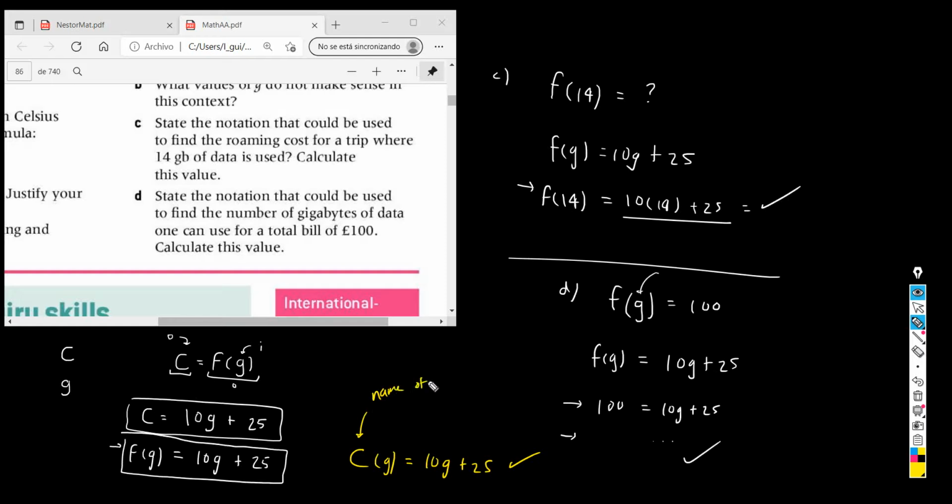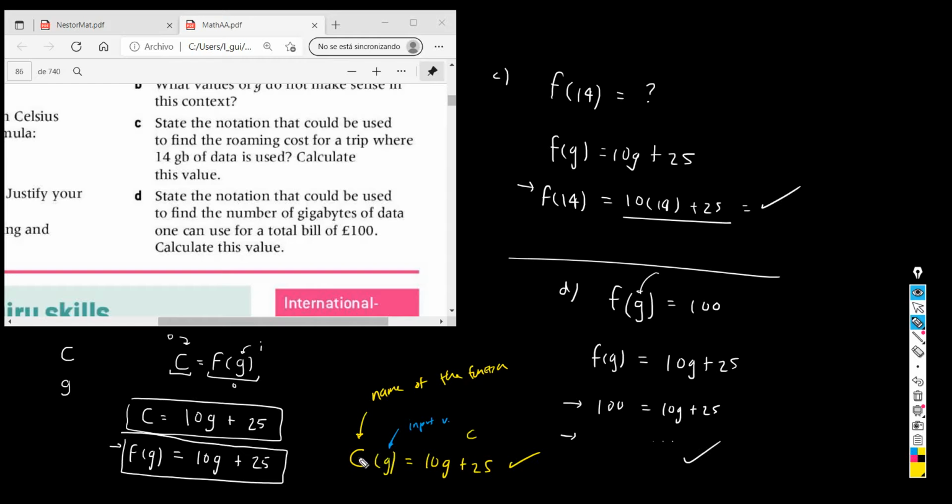You just need to understand that this is the name of the function, and you need to be aware not to confuse the name of the function itself with the name of the input variable, which in this case is g, and the name of the output variable, which is c.